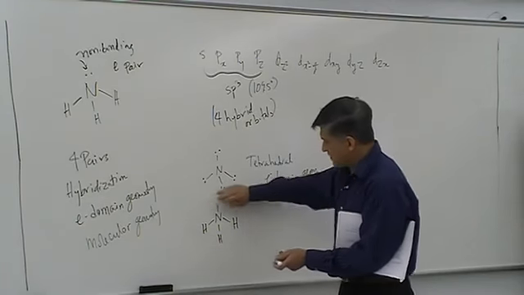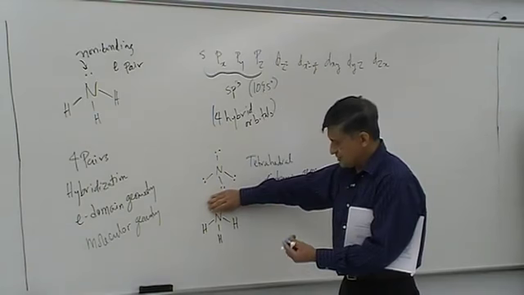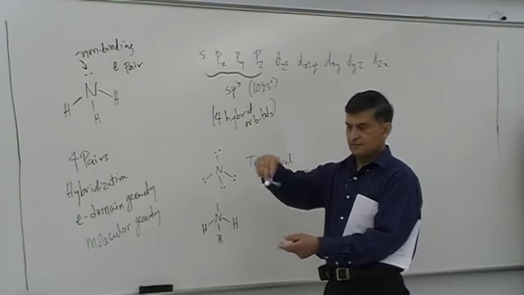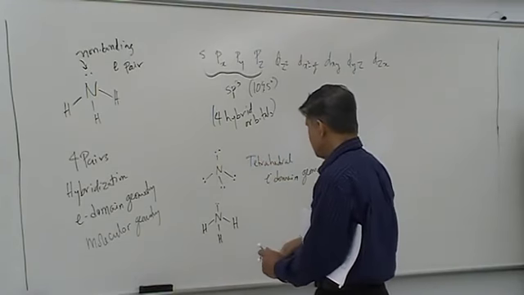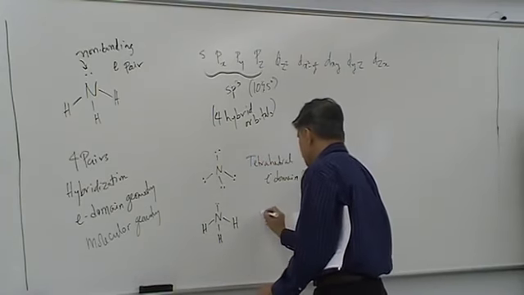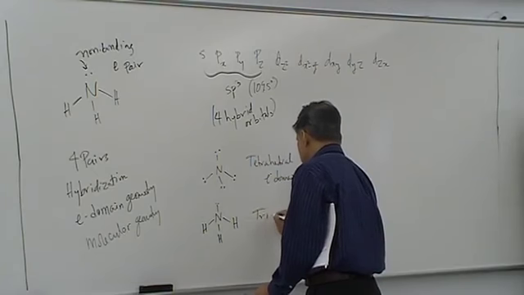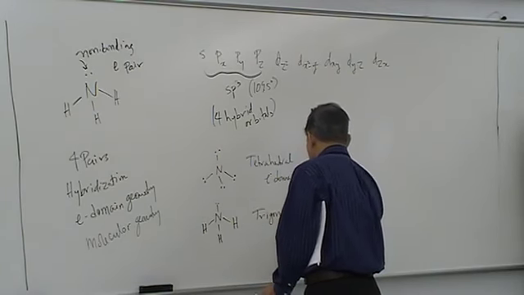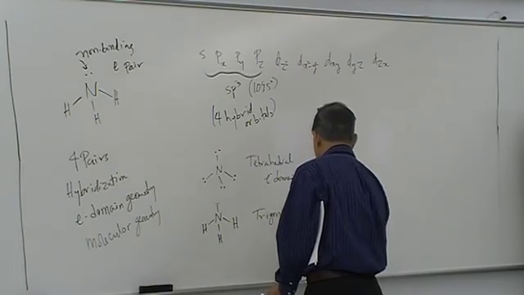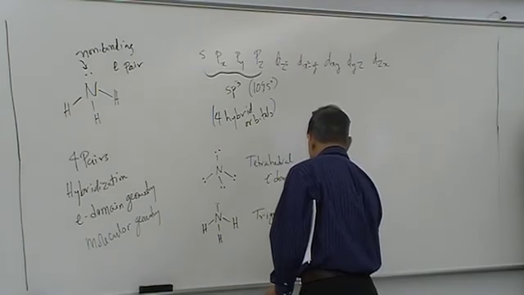This would look like this if you cover this. So this would be pyramidal. It's a pyramidal structure, or trigonal pyramidal structure. Let me write it down. Trigonal pyramidal structure.